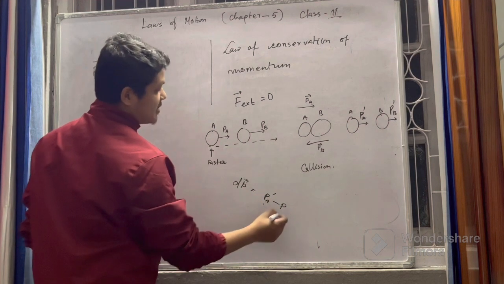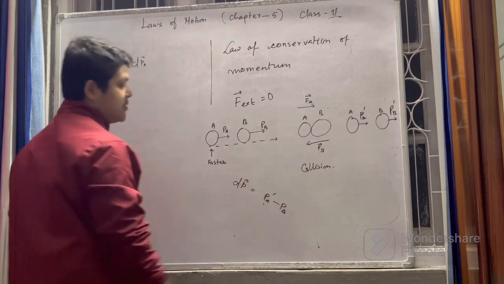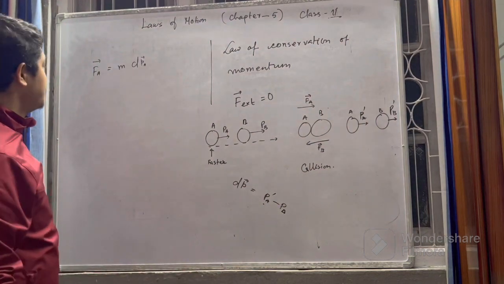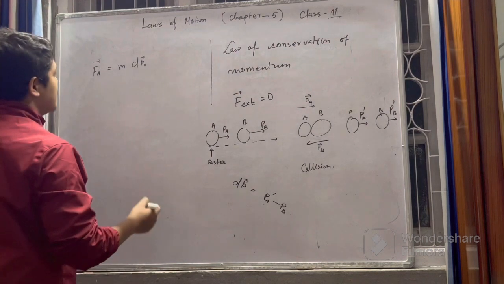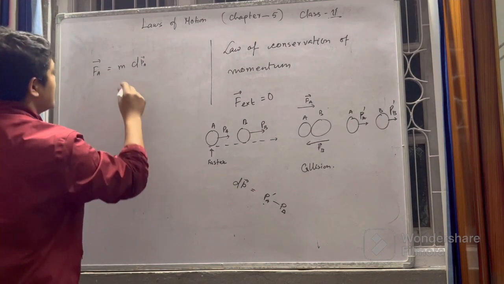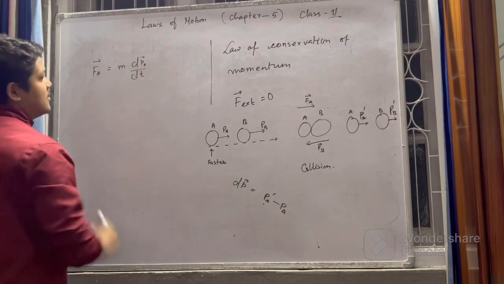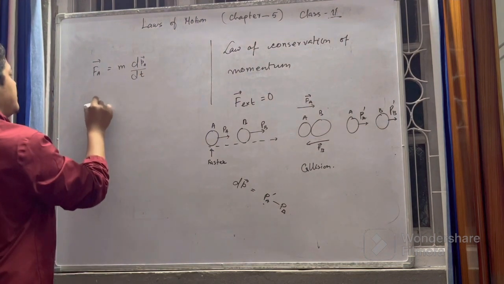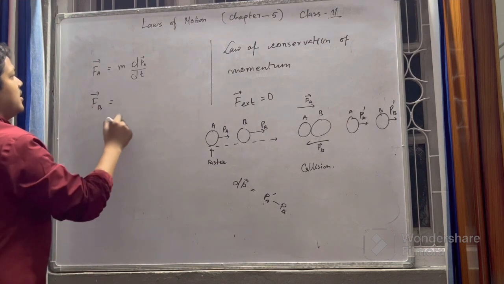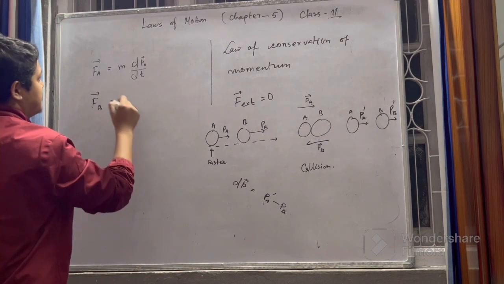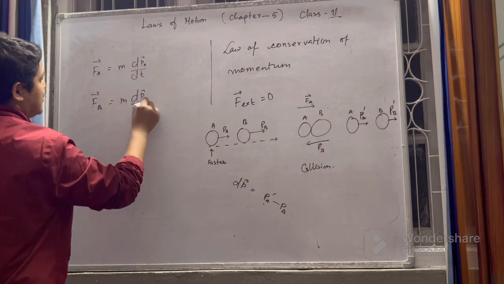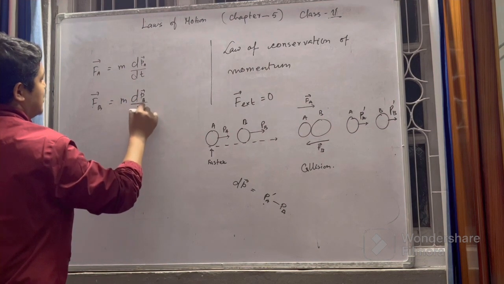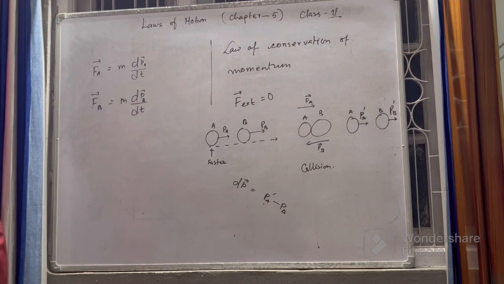Final momentum is P dash A and initial is PA, right? And similarly FB will be obtained by m dPB by dt, right?